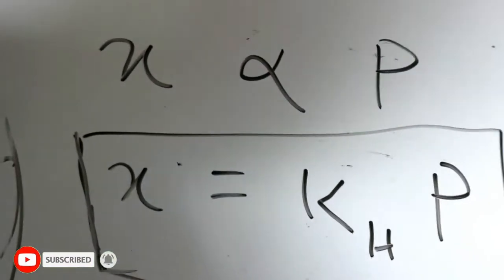It is also practically verified by plotting a graph between the pressure and the extent of gas dissolved, where as pressure increases, the amount of dissolved gas X will increase. This is the graph showing the dissolution of gas by applying pressure.